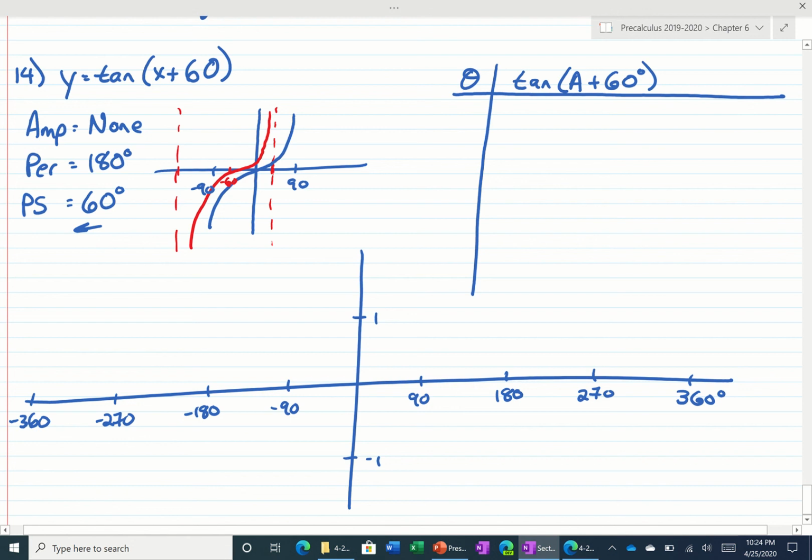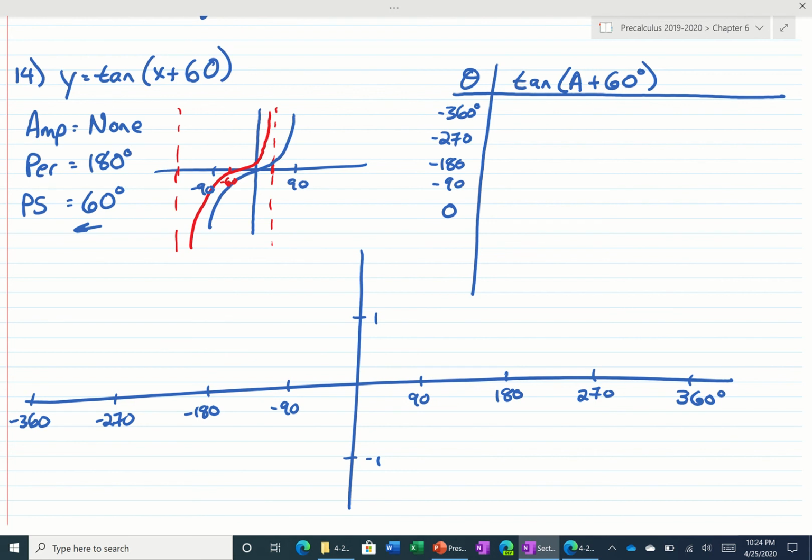All right, let's see what we get here. So we'll use our usual points, go up by 90. I'm going to type in the tangent of variable A plus 60 degrees, and I'll start at negative 360.